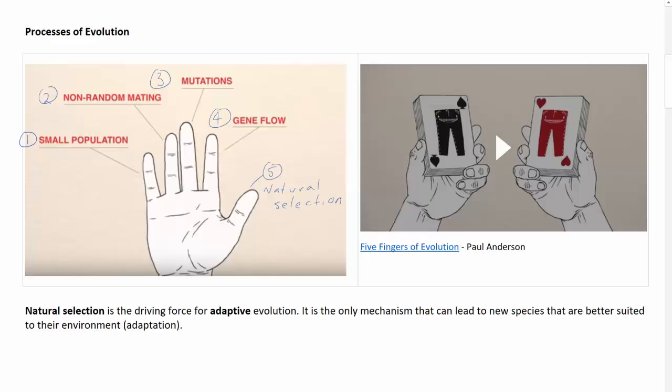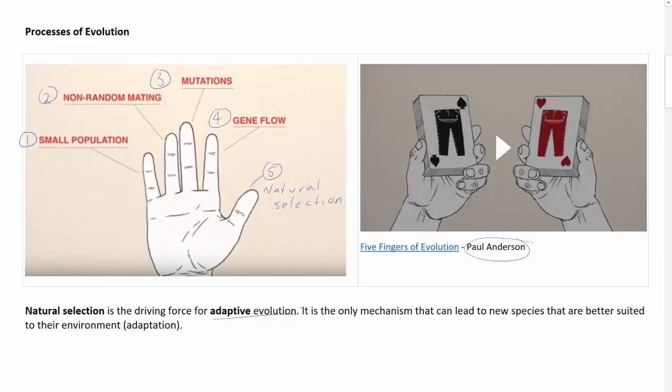These are all described in a fantastic video by Paul Anderson, where he refers to these processes as the 5 fingers of evolution.